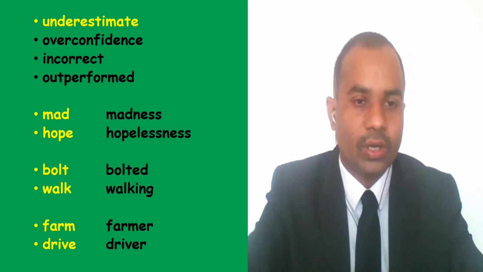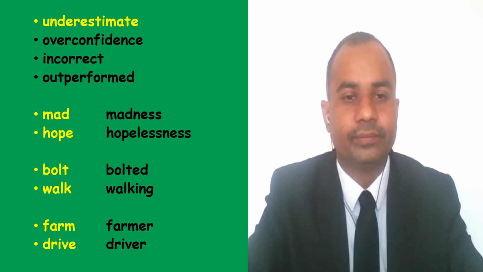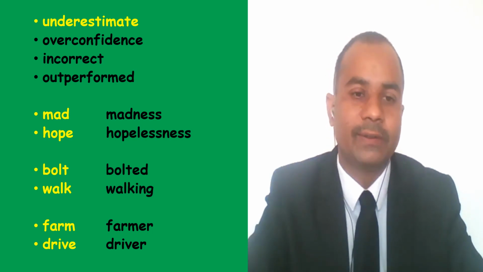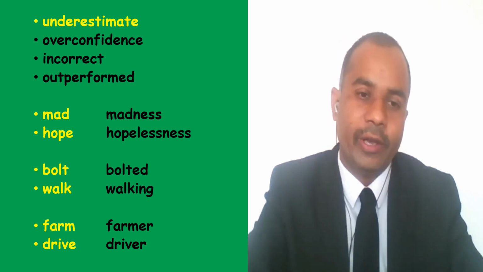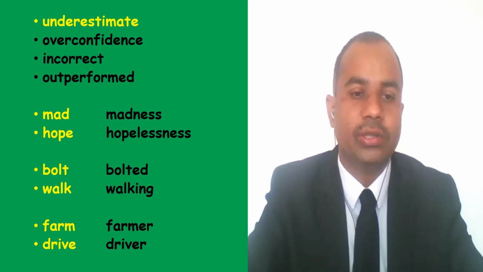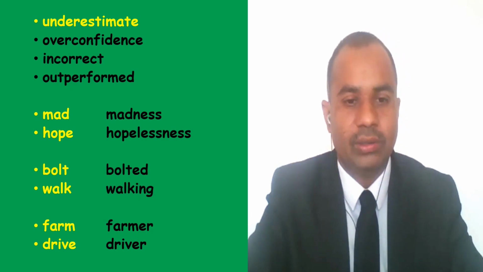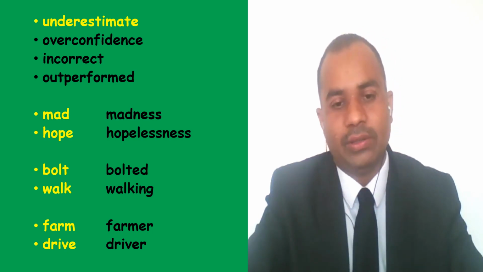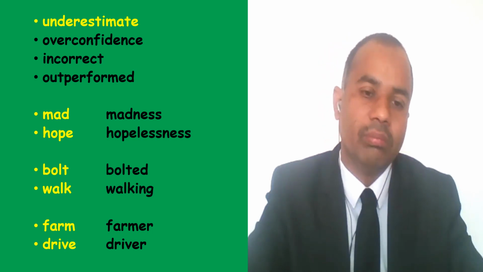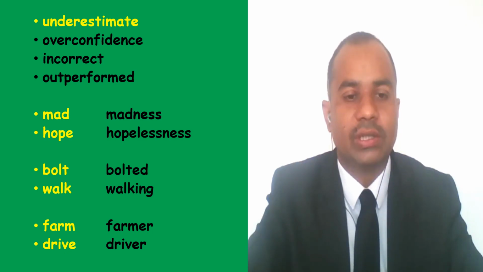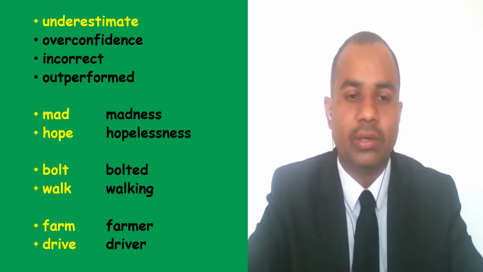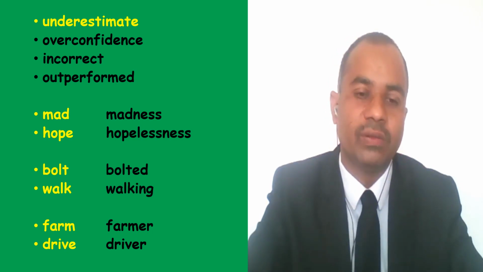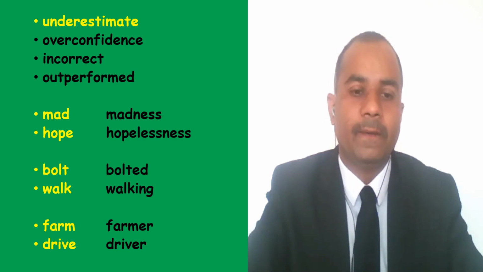Again we have ness as a suffix, so madness, hopelessness, like that. We have bolt as a noun and bolted as a verb, and ing, as in walking, makes verbs. We can make many such words, like farm, farmer, that is from a noun we make another noun, a functional noun.